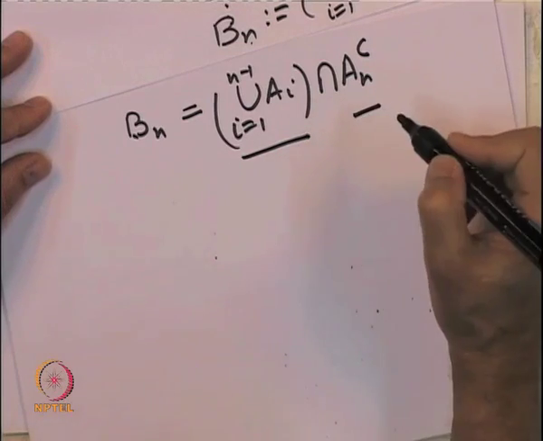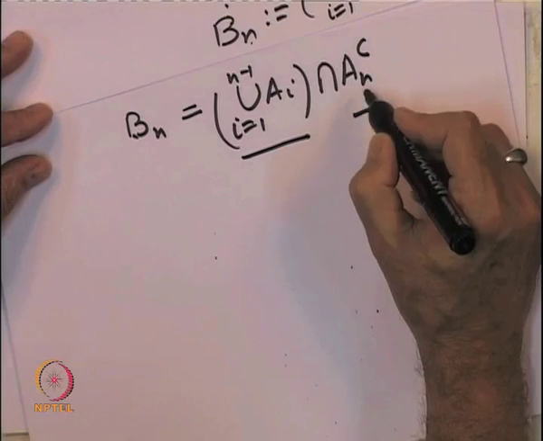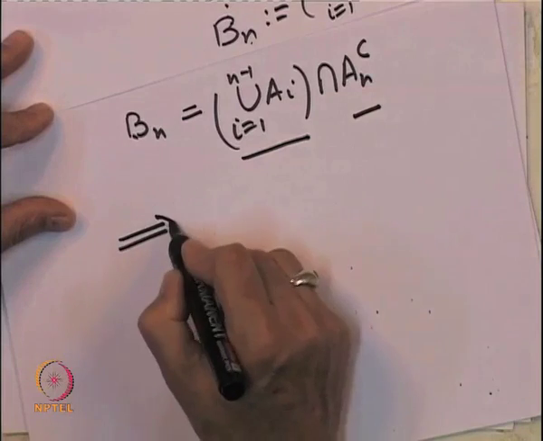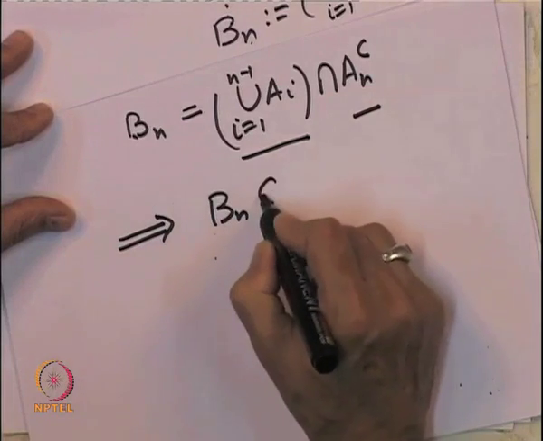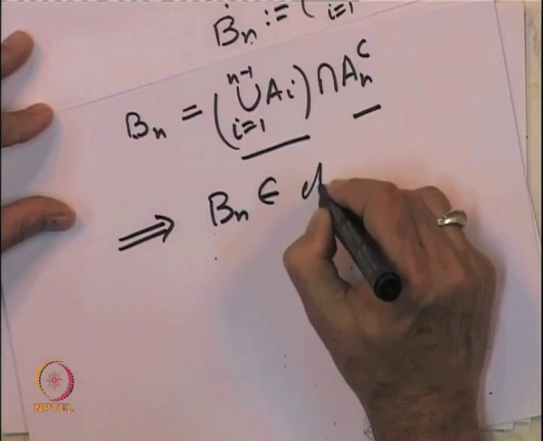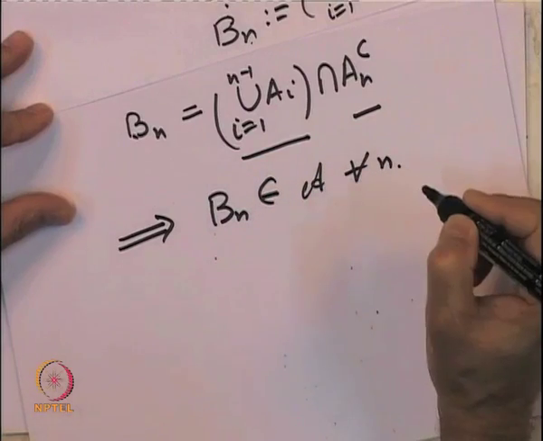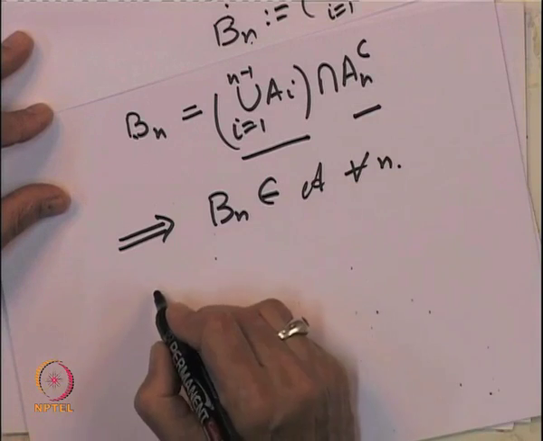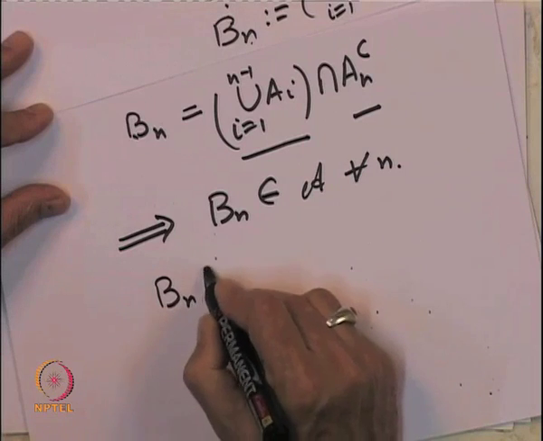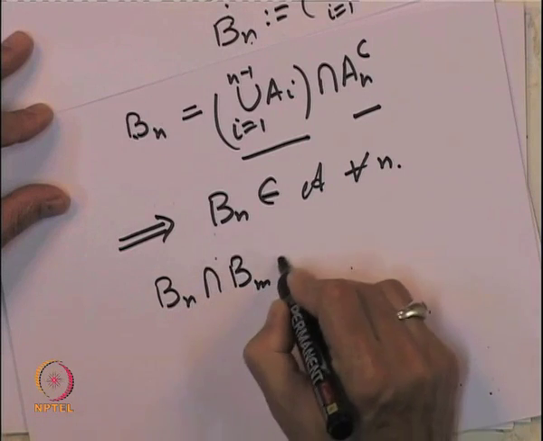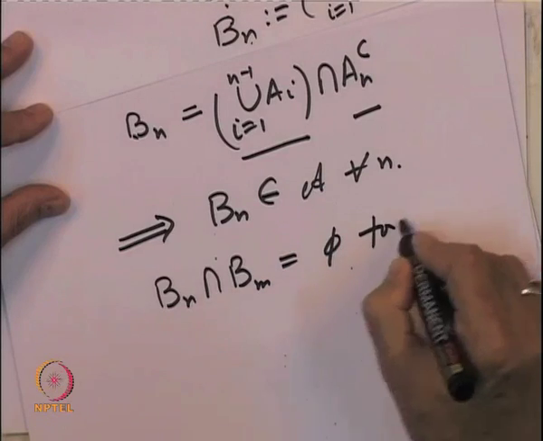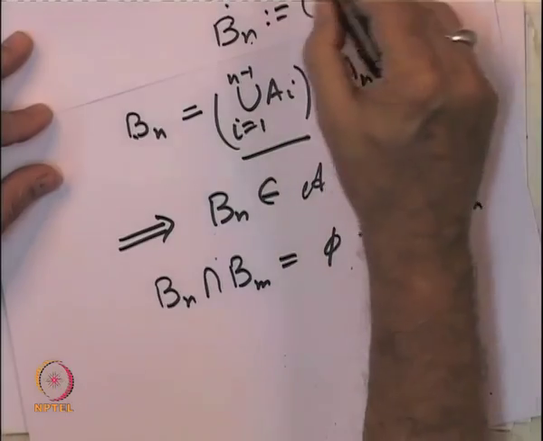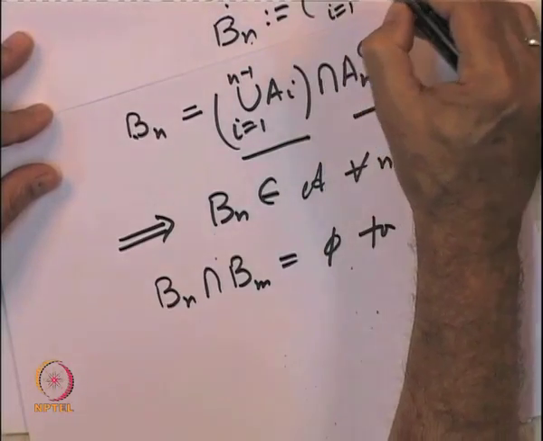The complement is in the algebra, because the algebra is closed under complements. So, this implies that each set B n is an element of the algebra A for every n. So, that is one observation. And secondly, let us observe that B n intersection B m is empty for n not equal to m, because B 1 is A 1, and B 2 is from A 2 remove A 1.